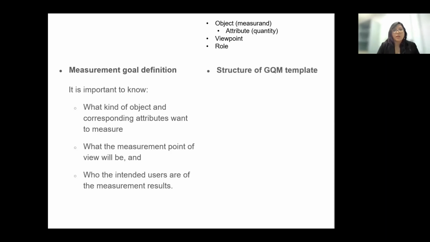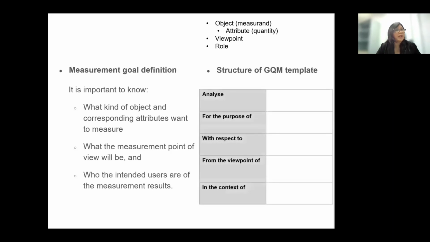Knowing that, we can complete a structured GQM template. The structure of the GQM template looks like this table and consists of these five parts: analyze, for the purpose of, with respect to, from the viewpoint of, and in the context of.